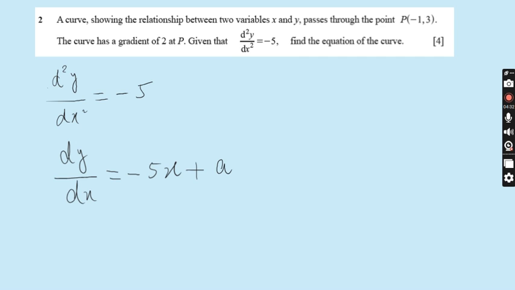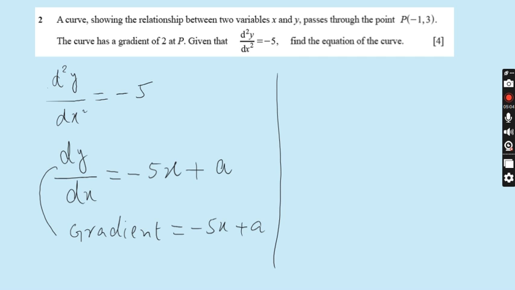So we must put the constant because sometimes the constant is never 0. When the second derivative is given in the question, we have to write the single derivative first. The single derivative represents the gradient. dy/dx means the gradient. So the gradient is -5x + a.